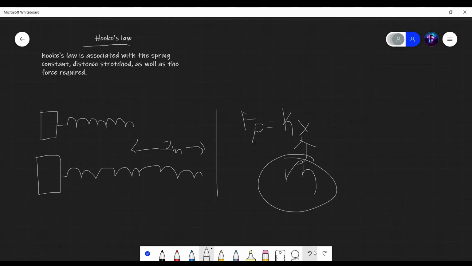If you know the SI international units, it's always in meters. Fp is in newtons, and K is always in newtons per meter.